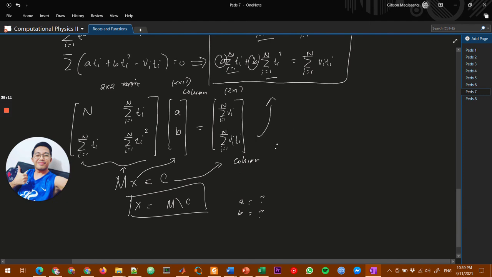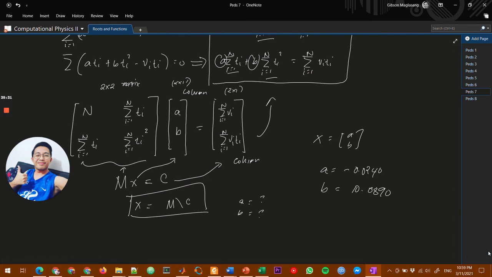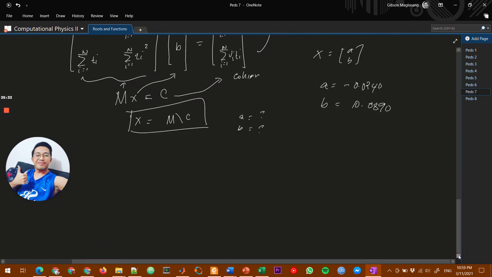So, in this case, na-solve na to, A and B naman na siya. Where A is negative 0.0240 and ang B is 10.0890.